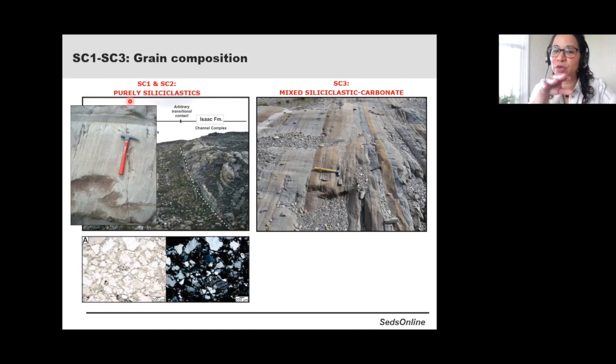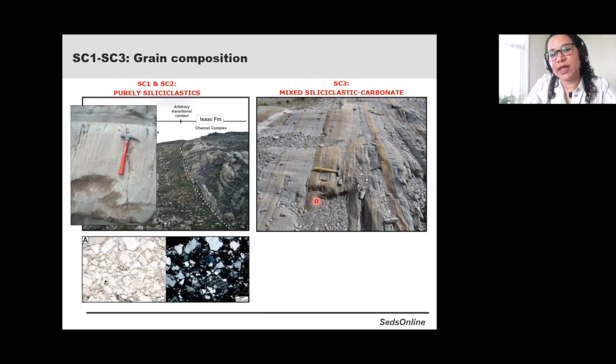Now, when you arrive in the upper complex, the color of the rocks changes to orange. In some localities it's going to be a deep red, or it could be a brownish color.